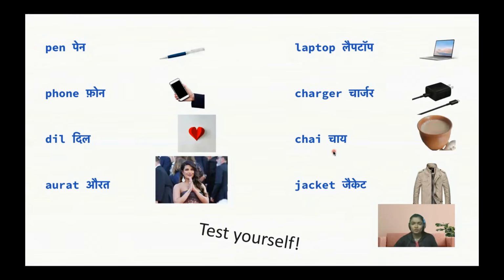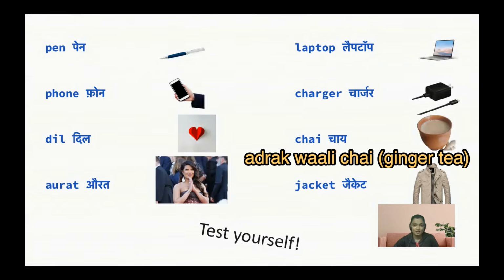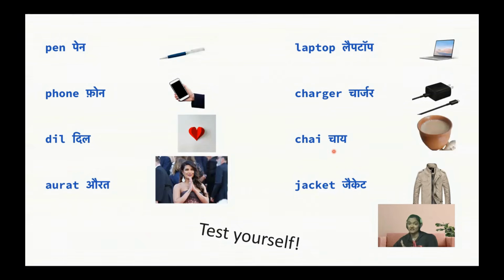When I talked about coffee a little while ago, I did tell you that chai is also feminine. Adrak wali chai. Adrak is ginger. Wali chai. Wali means the one with ginger in it. Adrak wali. I can't say adrak wala chai. Chai is feminine. That's why I'll use the right form, wali, to refer to chai.